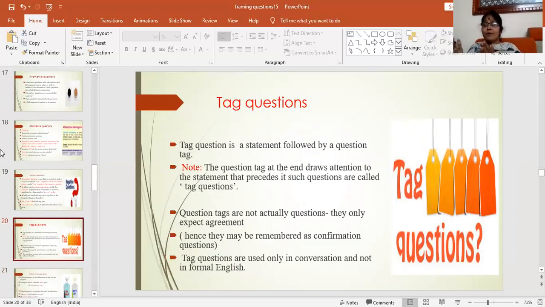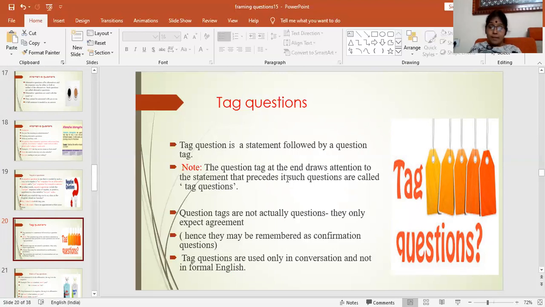The other way of questioning that we use is tag questions. What are tag questions? A tag question is a statement followed by a question tag. Note that the question tag at the end draws attention to the statement that precedes it, right? Such questions are called tag questions.